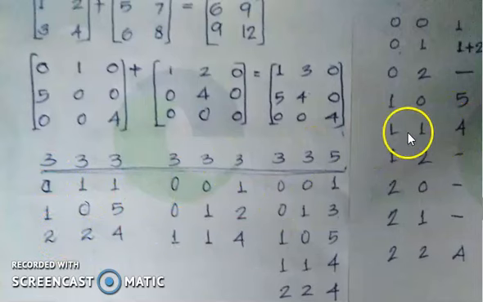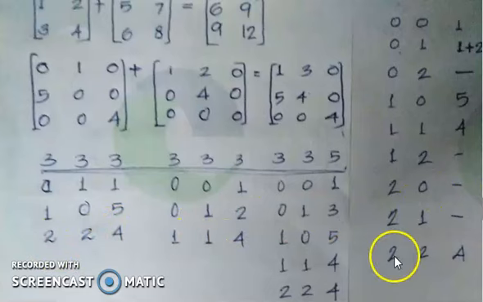There is no entry in both these matrices at locations 1 2, 2 0, and 2 1. So we don't have to write any values here. Then at 2 2 we have 4 here and there is no entry here. So this location table is now complete.